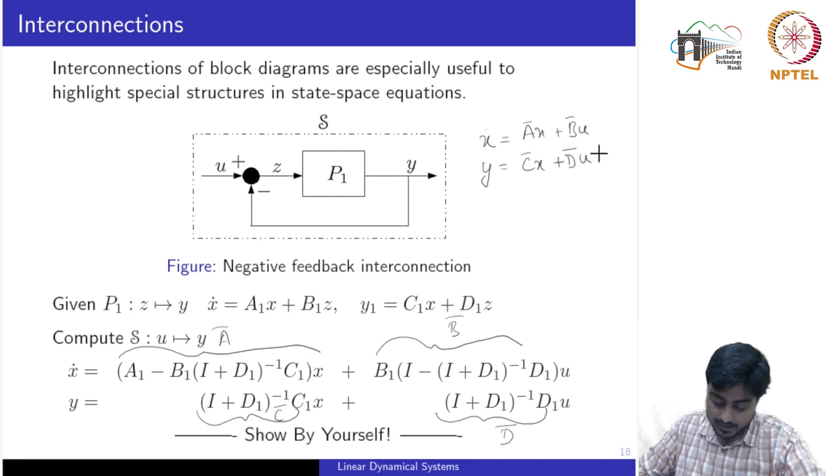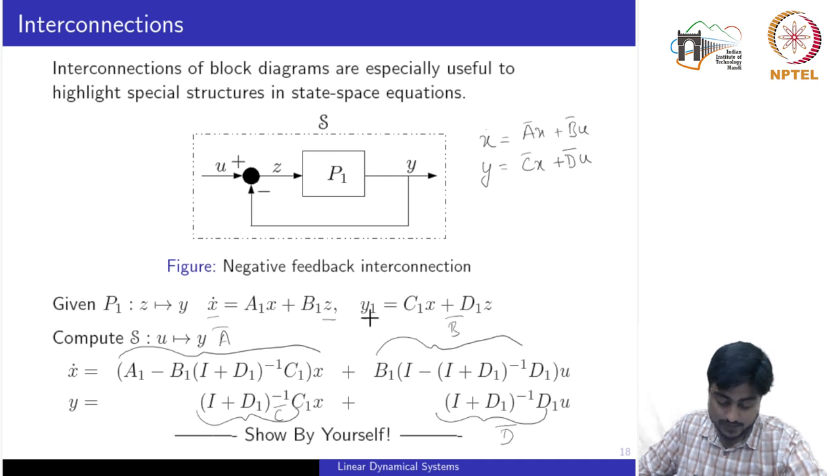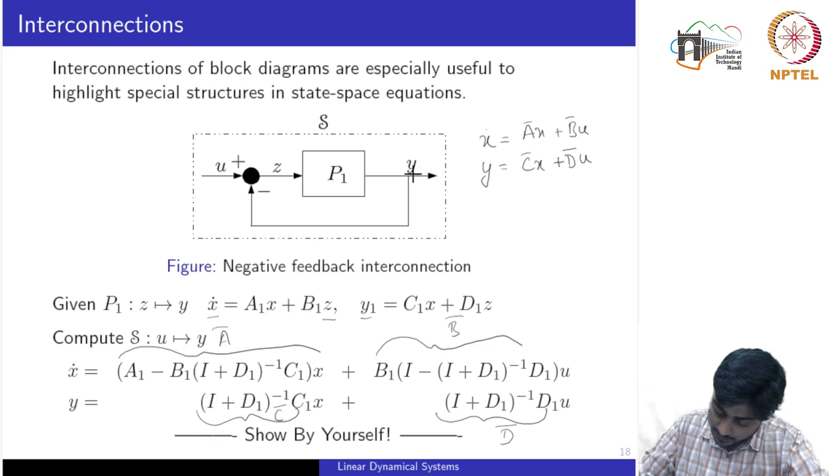So note that when we have represented the P1, the input is z1, but the state remains the same, and the output we have y1. Okay, so here there is a minor typo. It should be basically y, because we have denoted by y here.